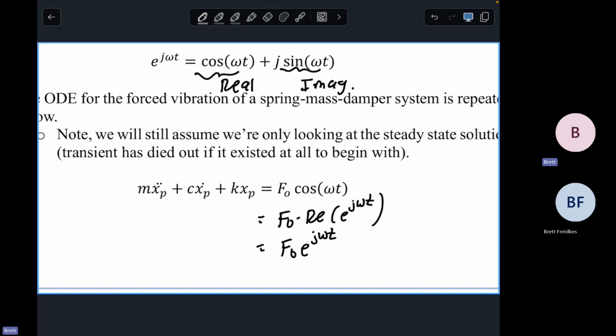Now, yes, what's the difference? You take the imaginary part, right? Now, in the homework, I just asked you to find the amplitude. At the end of that problem, you don't need to do anything with real and imaginary parts. You have to take the real or imaginary part when you're finding x of t, the total solution.